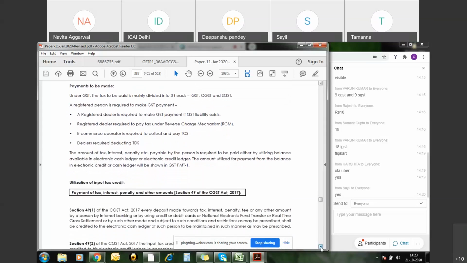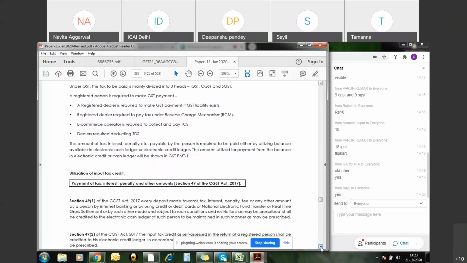When we talk about the electronic cash ledger, whenever we make the online payment, the cash is reflected in this cash ledger, and it gets set off against the liability.